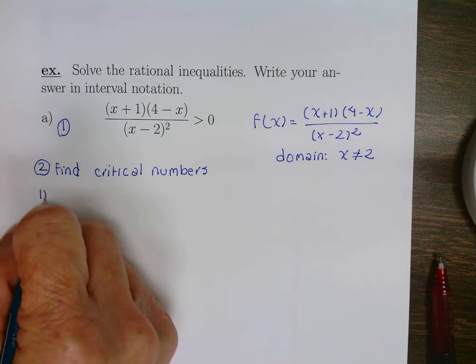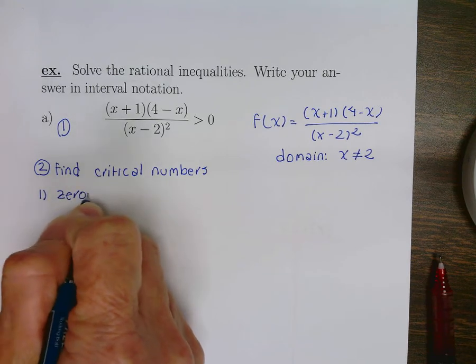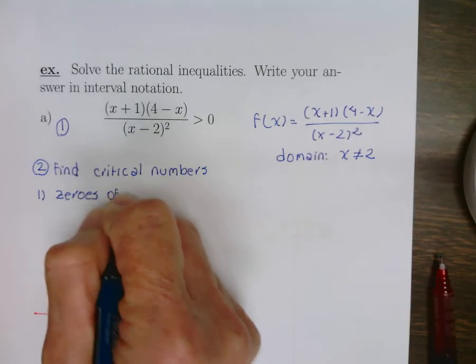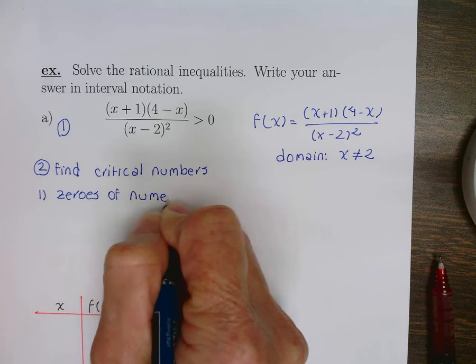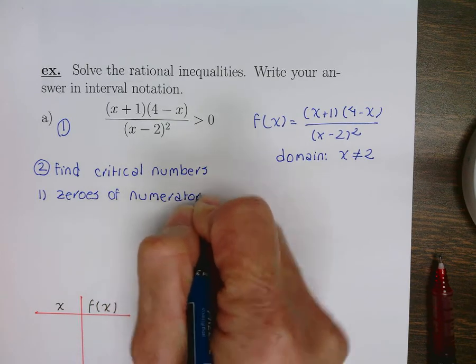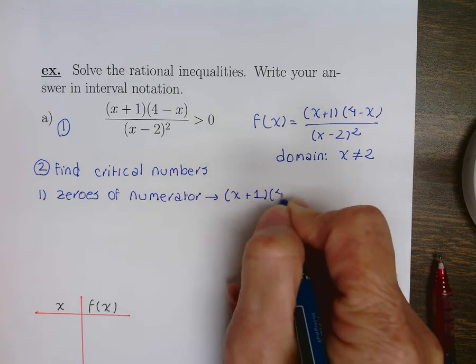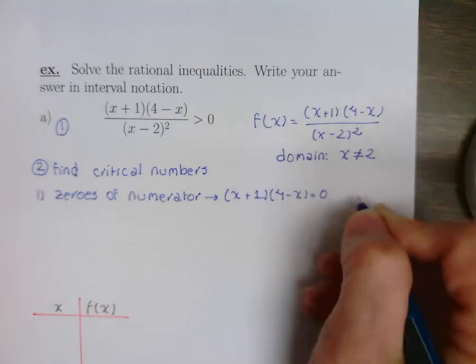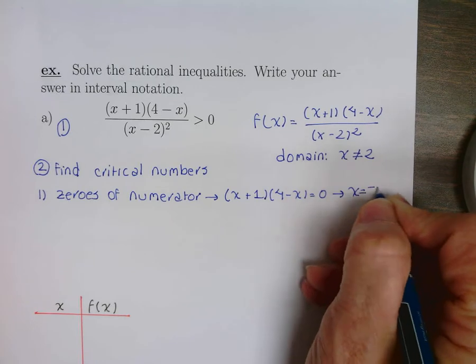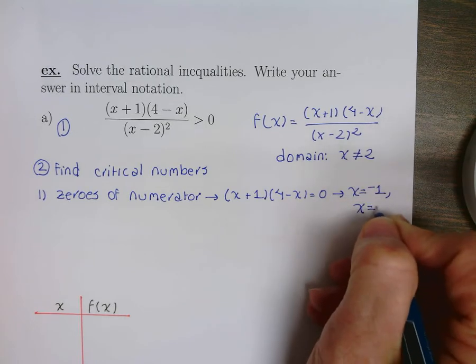So we look first of all at zeros of the numerator. So we set that numerator equal to 0. And we get x equals -1 and x equals 4.